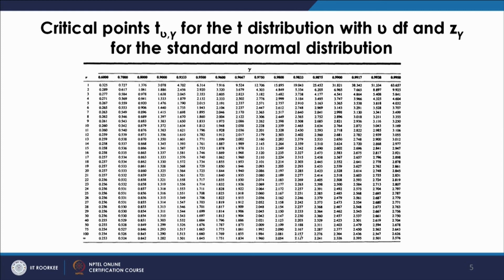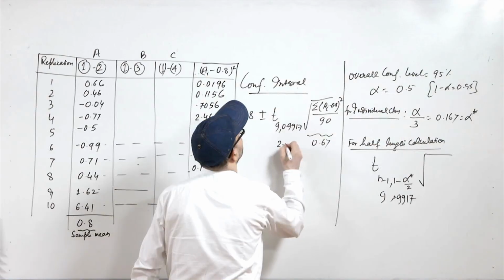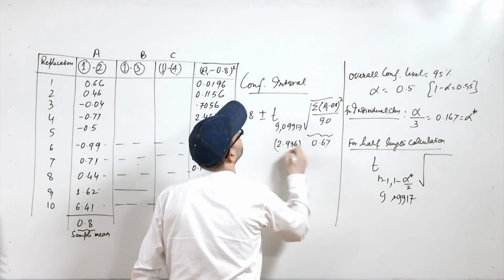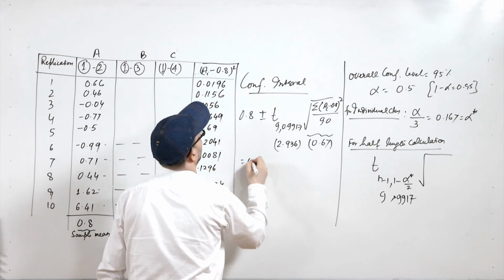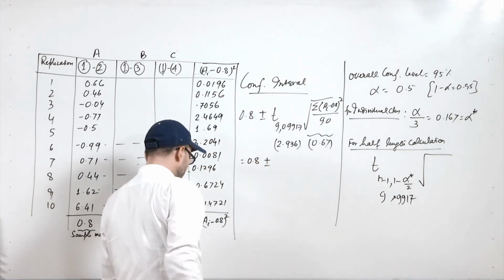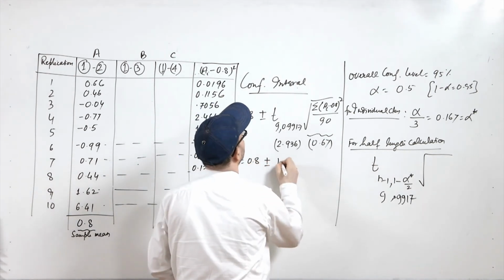So, it will be 2.936. So, what we get is 0.8 plus minus 1.96.